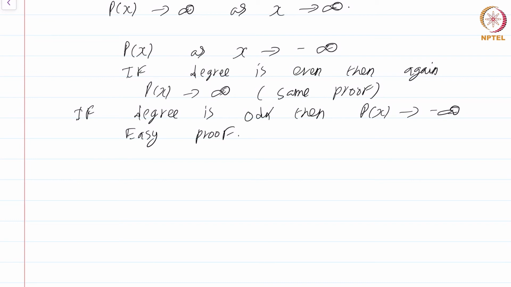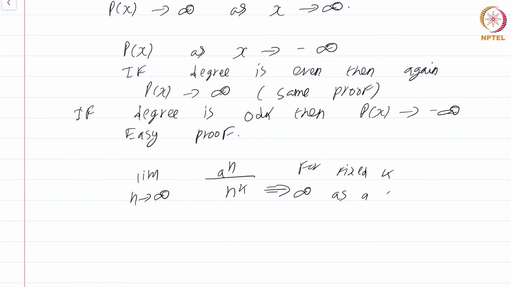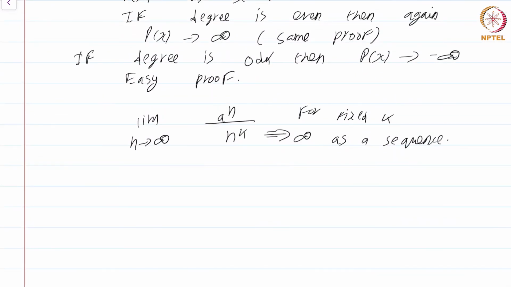We have already seen that the limit as n goes to infinity of a^n / n^k for fixed k goes to infinity as a sequence. Now by using the same idea and the definitions of limits going to infinity, you can solve this easy exercise.